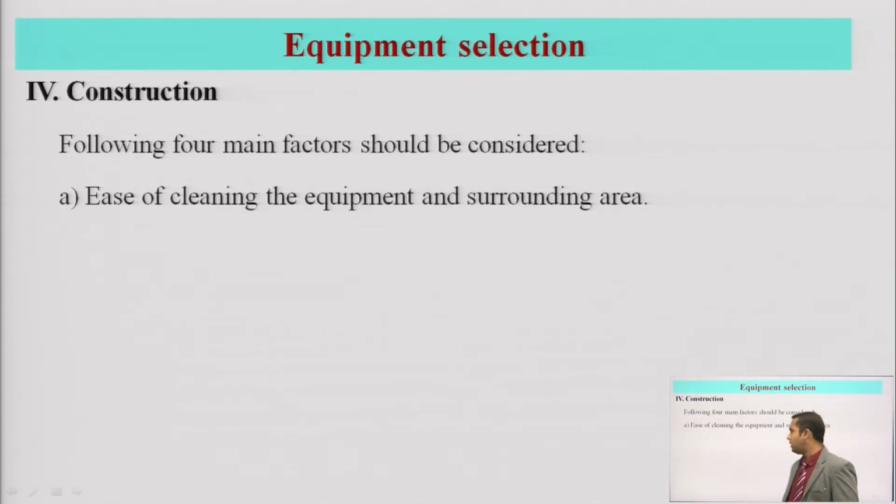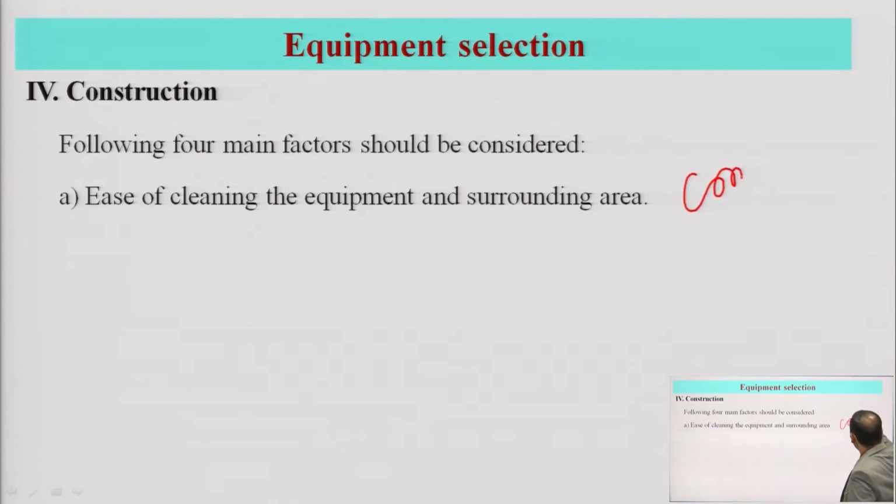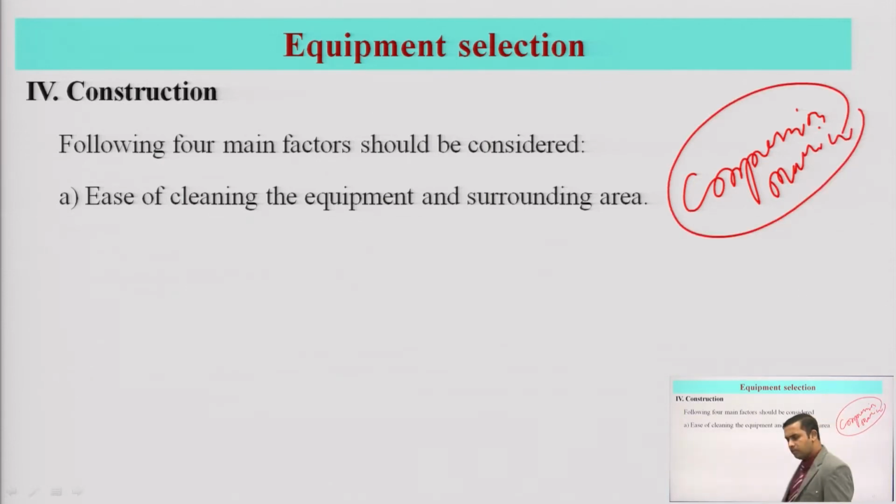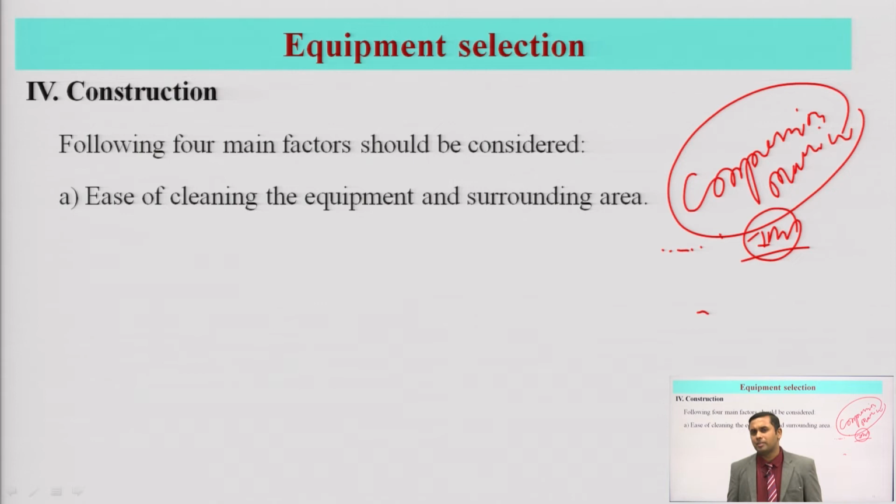For example, let me take the example of the compression machine. If on today you have produced some tablets on the compression machine, for example 1 million tablets, after that you have to clean. If any residue of those tablets is still residing in that particular compression machine, then what will happen?